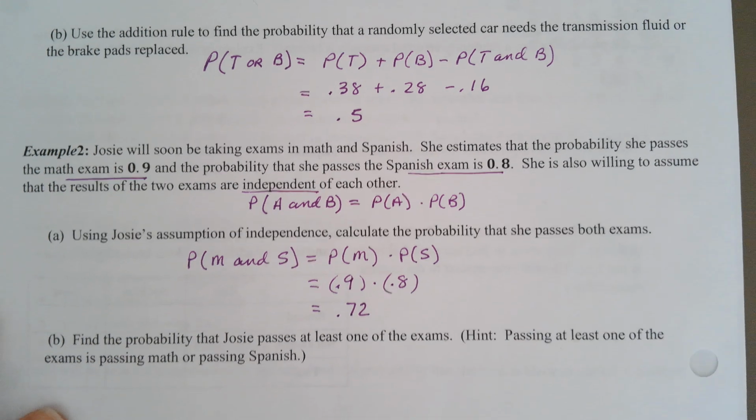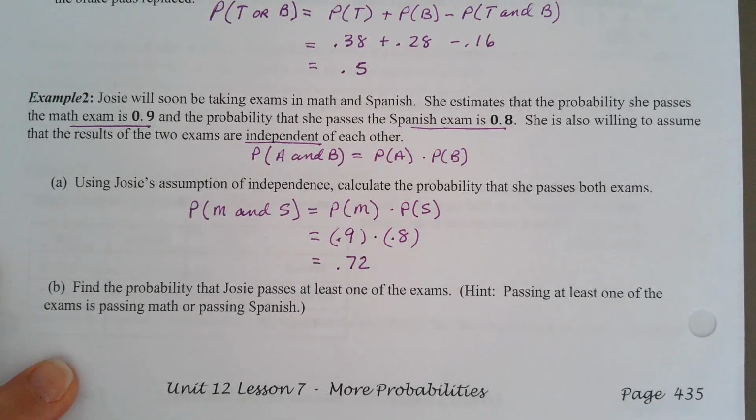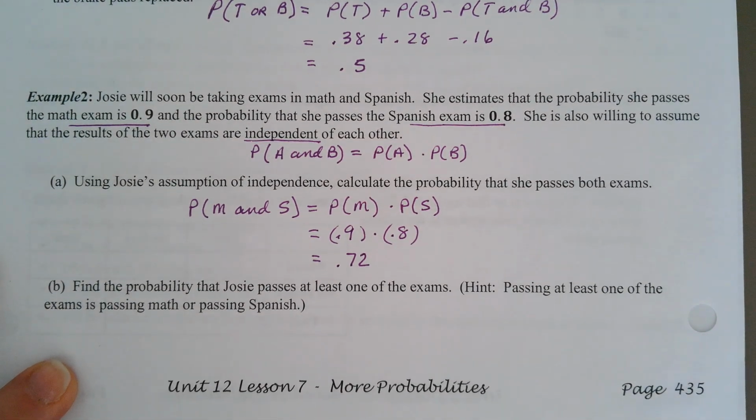Find the probability that Josie passes at least one of the exams. Hint: passing at least one of the exams is passing math or Spanish.